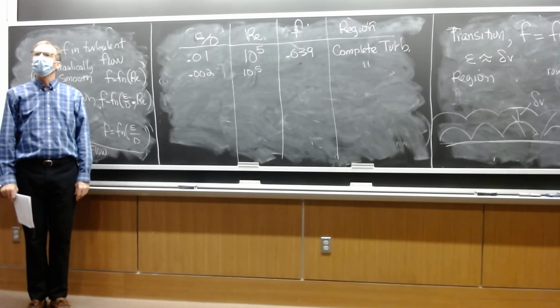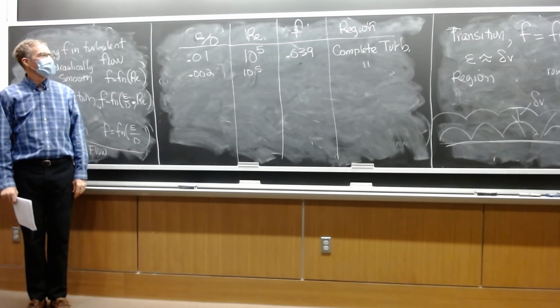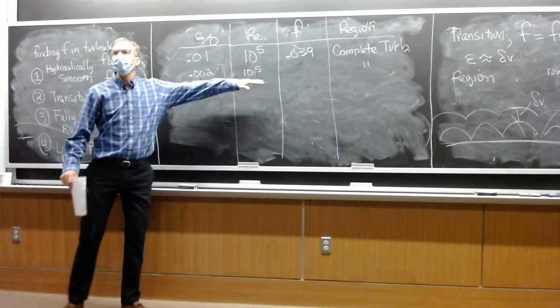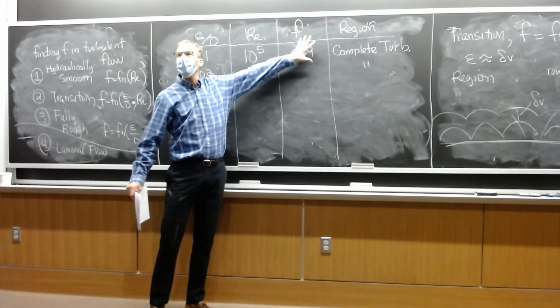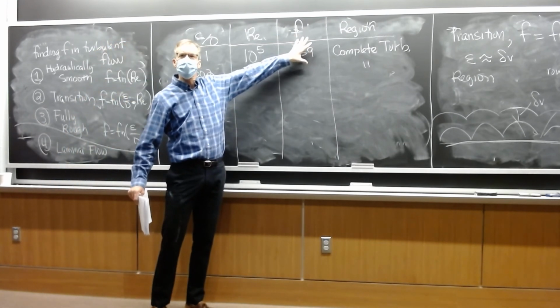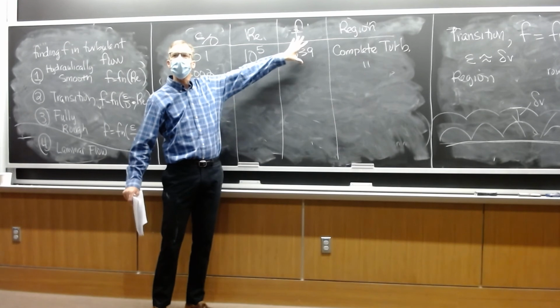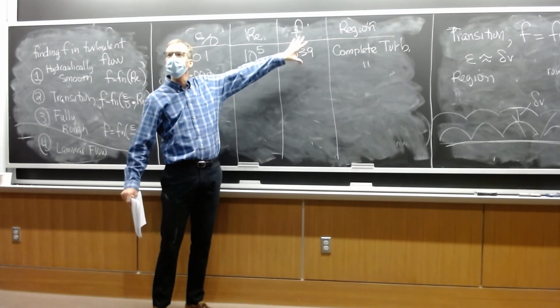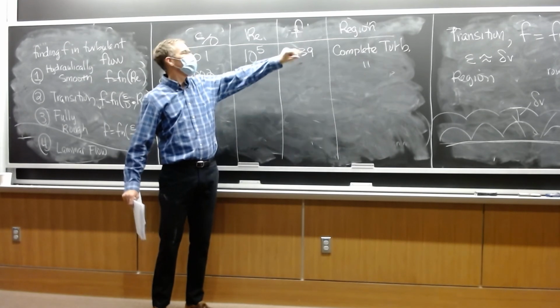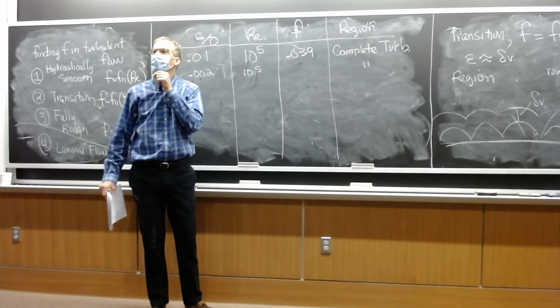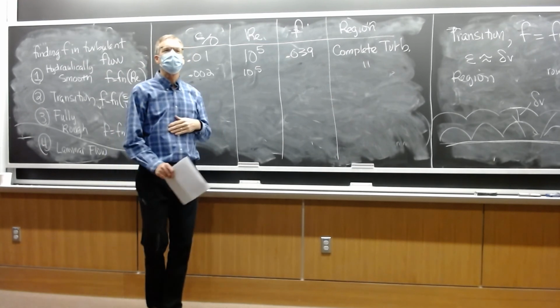Right, 0.002 at a Reynolds number of 10 to the 5th. This combination, we expect it to be somewhat less than that, right? We've made the pipe smoother and we're in the completely rough region. No? So we think it's 0.002 at 10 to the 5th, not in the completely rough region? No? I was wrong. Okay. Oops, it's in transition.